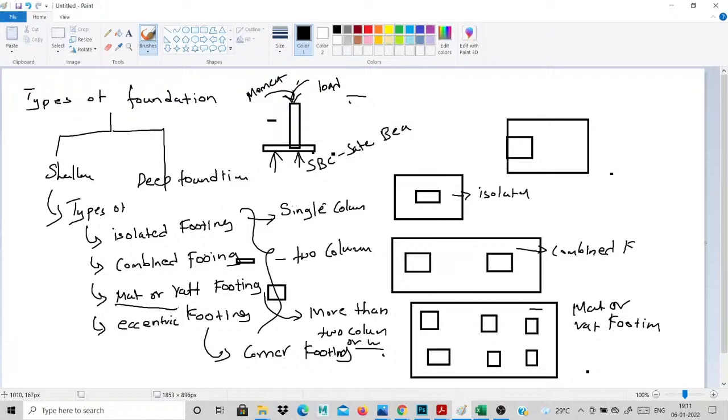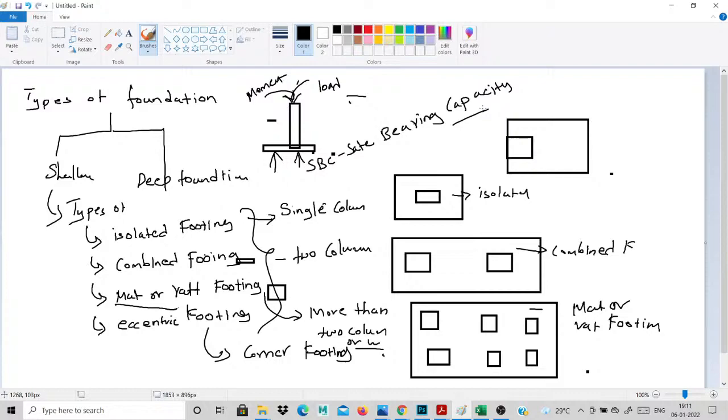Once you have calculated the moment and load for your column, you need the upward pressure and safe bearing capacity for your soil. That is the most important one.